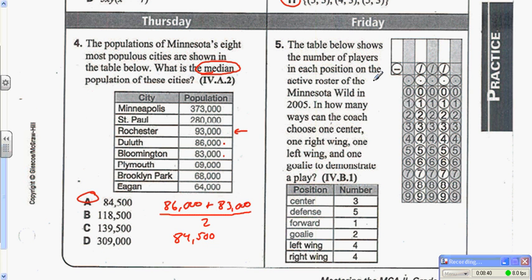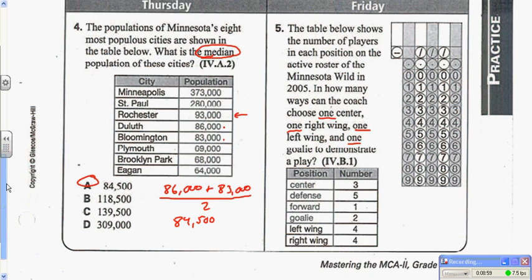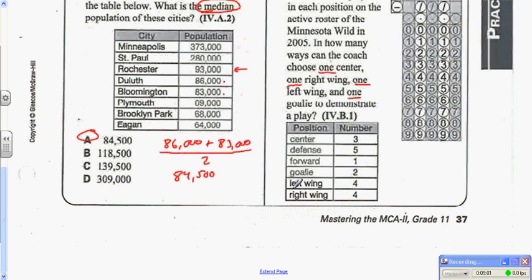Number 5, the table below shows the number of players in each position on the active roster of the Minnesota Wild in 2005, and how many ways can the coach choose one center, one right wing, one left wing, and one goalie. Now this is a combination question, which means we would say one center, there's 3 of them, so 3 choose 1.